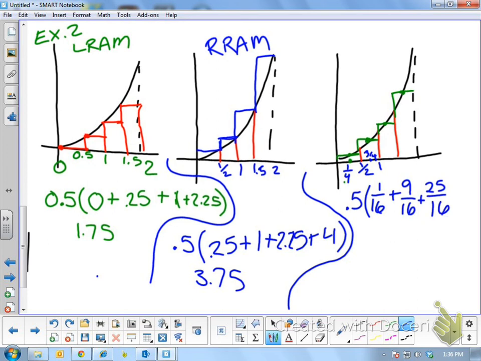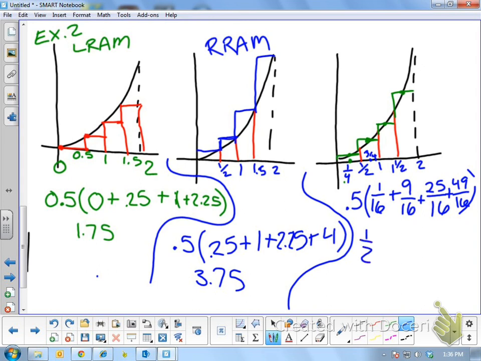Halfway between 1 and 1.5 is 1 1/4. Sorry, 1 and 1.5. So then what's halfway between 1.5 and 2? 1 3/4, which is 7/4, so 49/16. So we get 50, 75, 84.